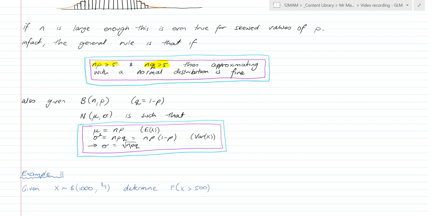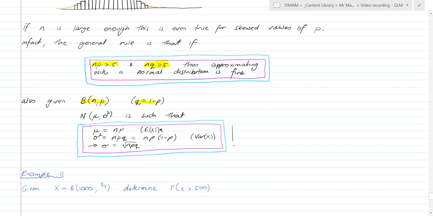Now we know also that X is binomial with n and p, which implies that q, the probability of failure, is equal to 1 minus p, and we've got a normal N(mu, sigma squared) such that we get this. This is really important, and you won't have seen this. Mu is the expected value, and it's equal to n times p.